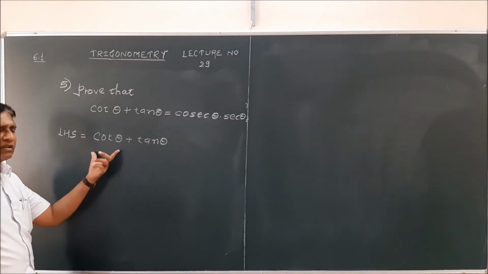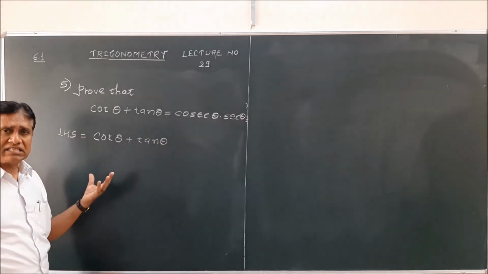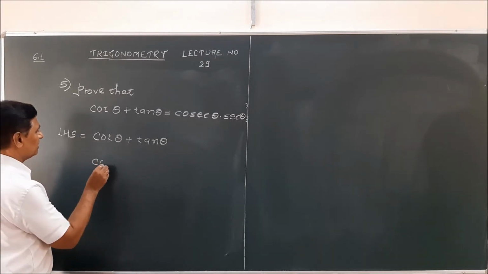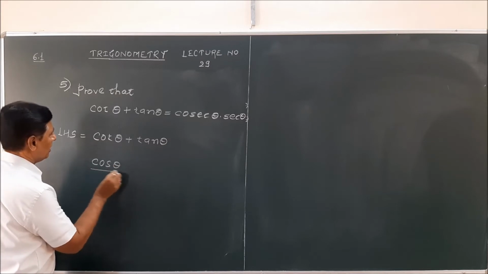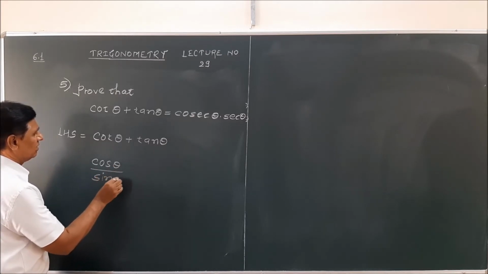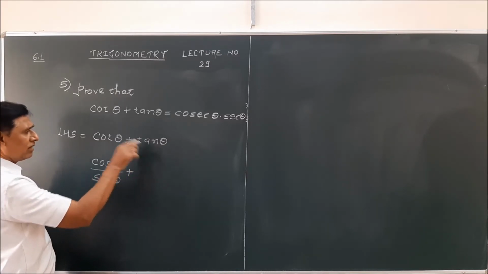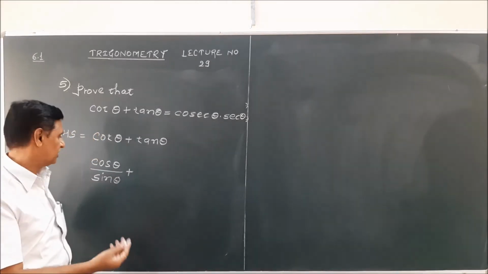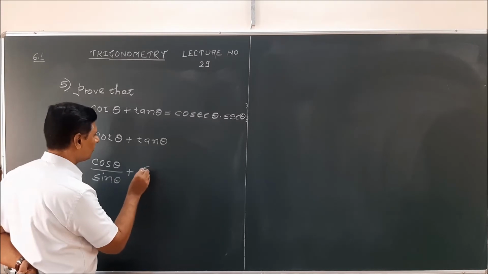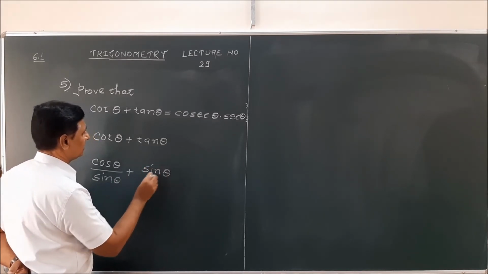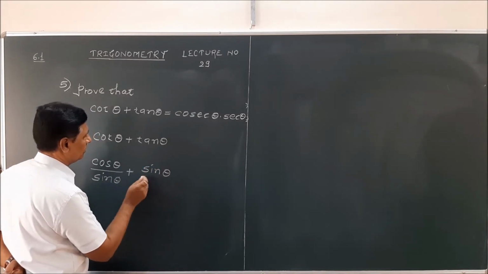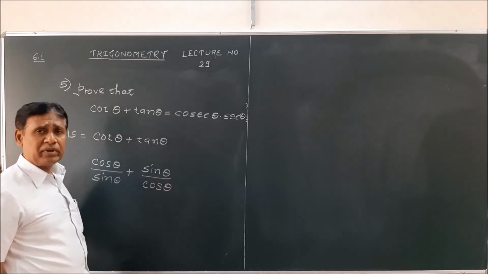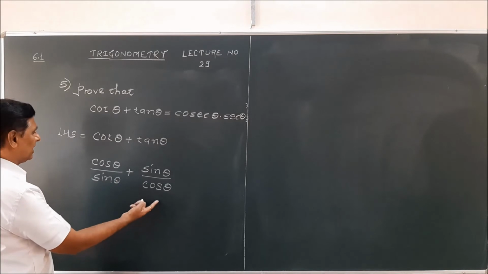I am going to convert cot theta as cos theta upon sin theta, while I will convert this tan theta as sin theta upon cos theta. Next step is cross multiplication.